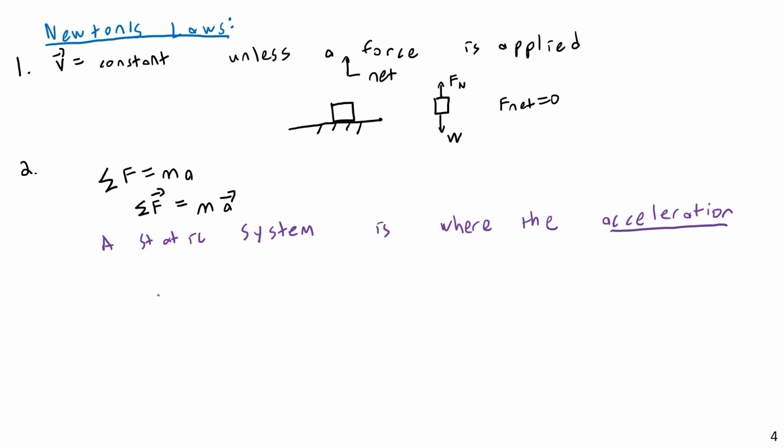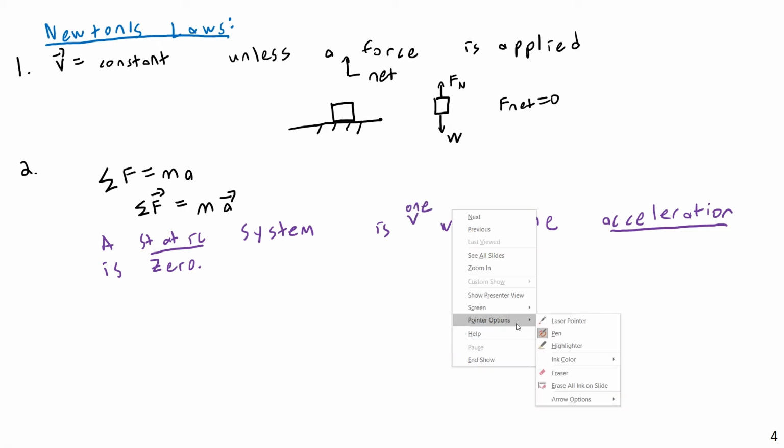But at least if you're in the same reference frame as the object, standing in front of something and not factoring in the rotation of the Earth or something like that, static systems are those where the acceleration can be treated as 0 in whatever reference frame you're looking at. So a static system is one where the acceleration is 0.